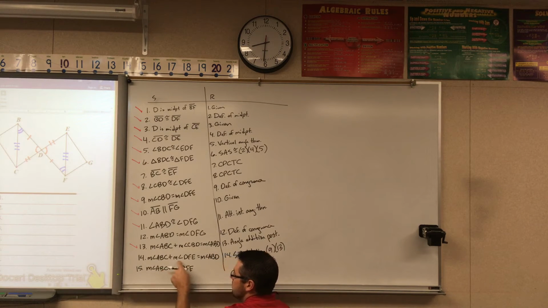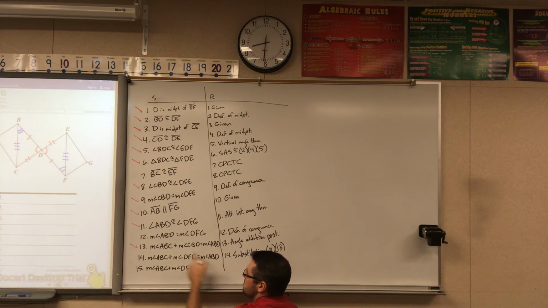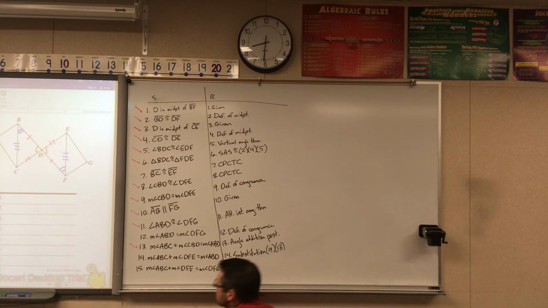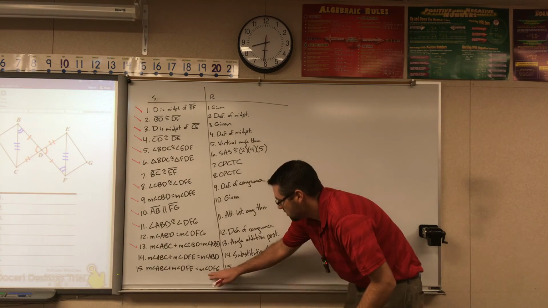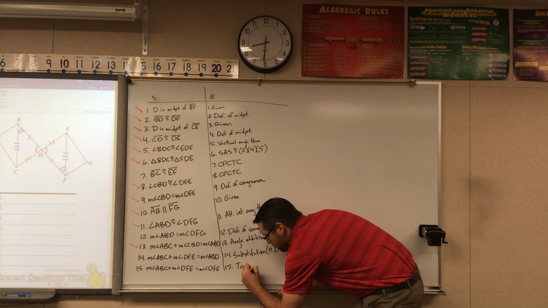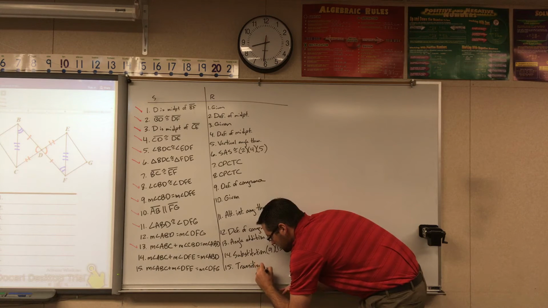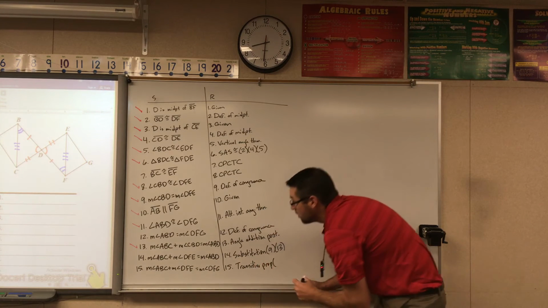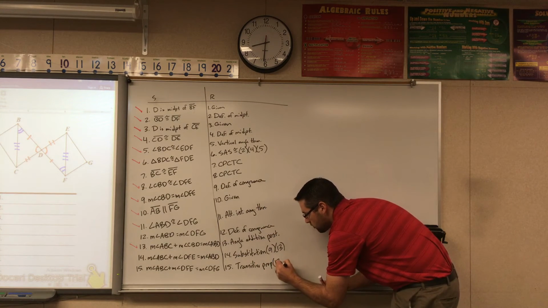Okay, so ABC plus DFE equals, instead of ABD, we're going to put DFG. What's the reason? Because I replaced the whole thing over here. So transitive property, steps 12 and 14.